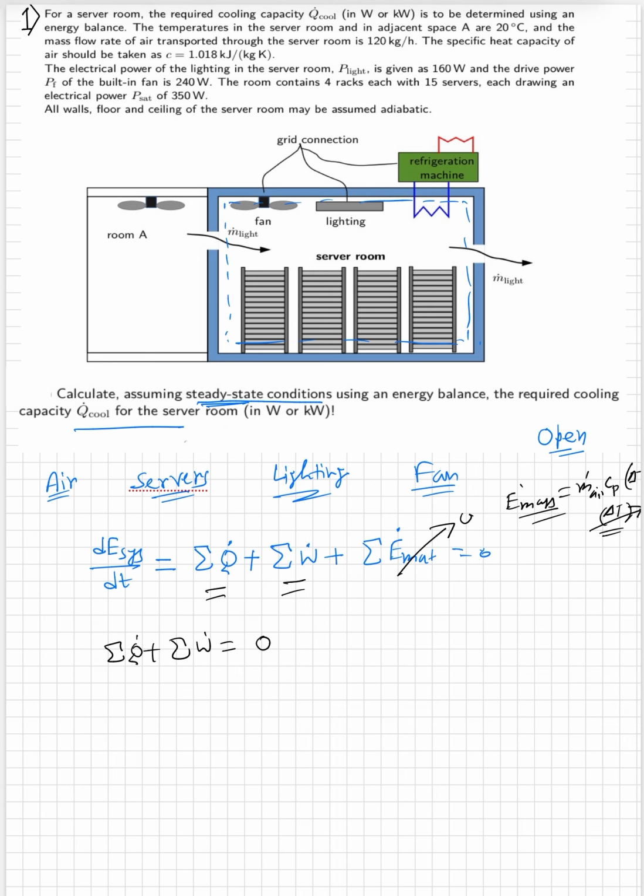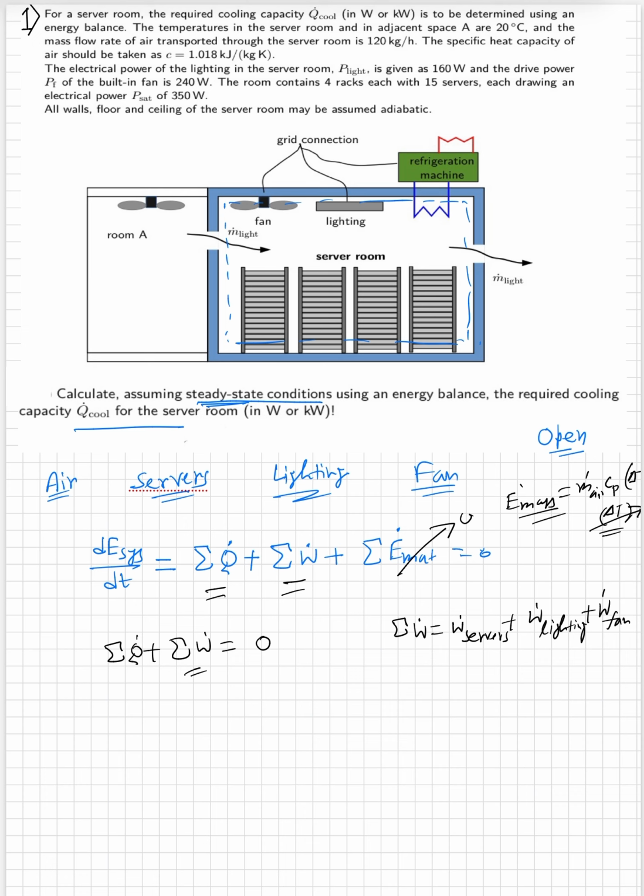For summation of W dot, the energy transfer rate, we have the work supply rate from the servers, plus the work supply rate from the lighting, plus the work supply rate from the fan.